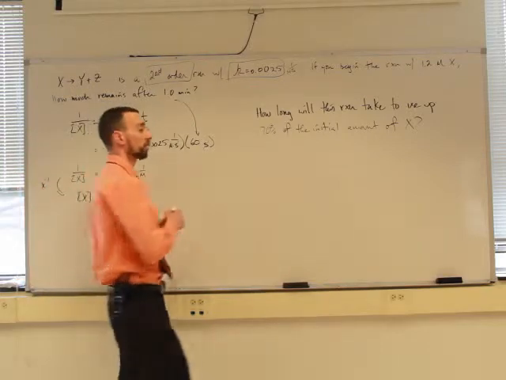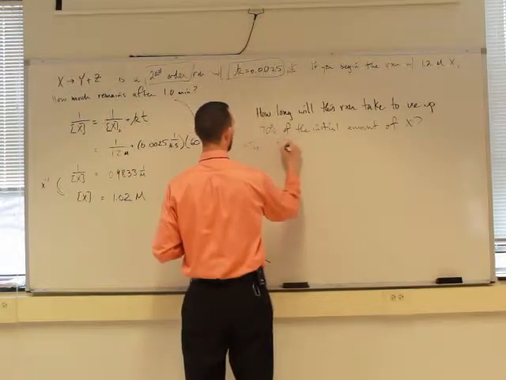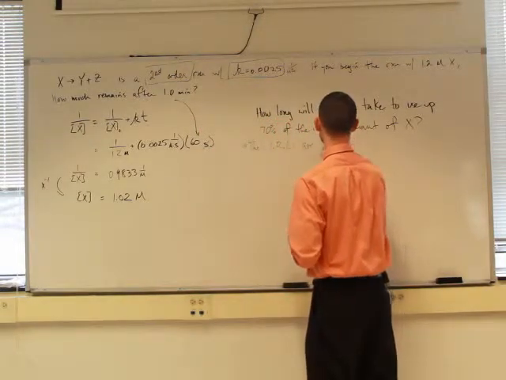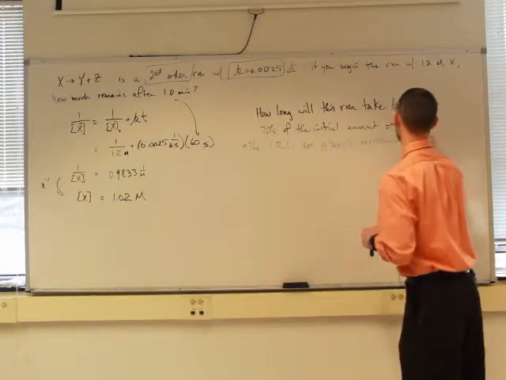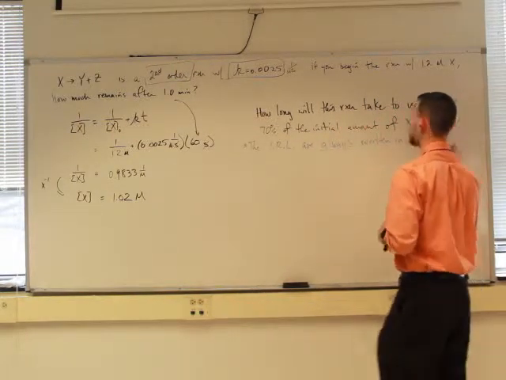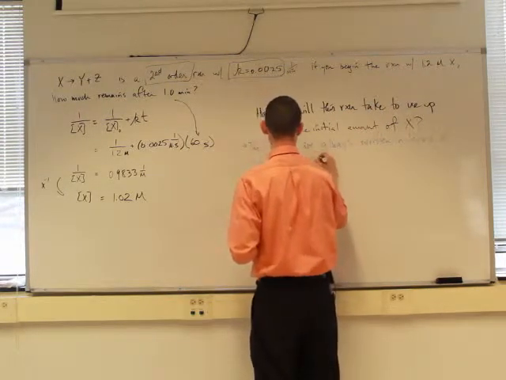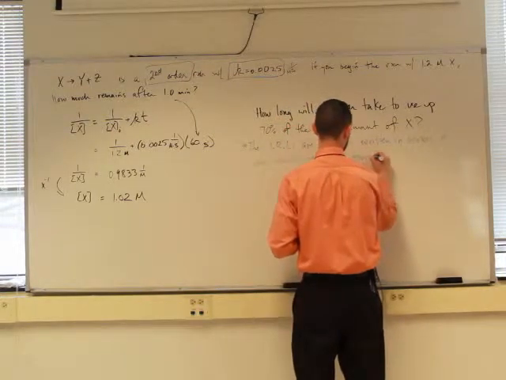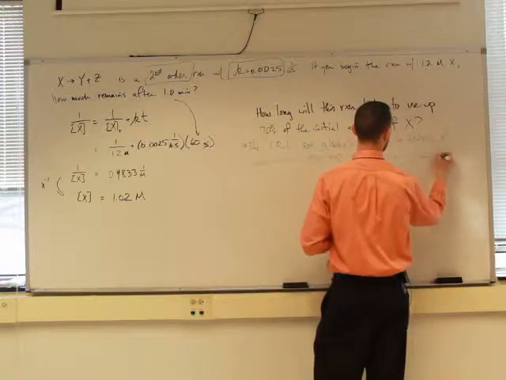The integrated rate laws, the IRLs, are always written in terms of how much reactant remains at time t.